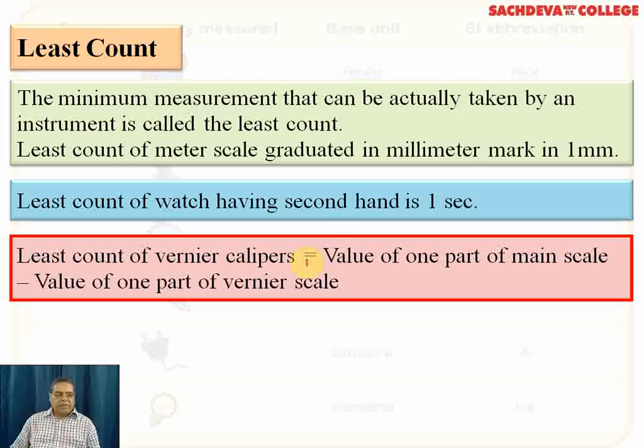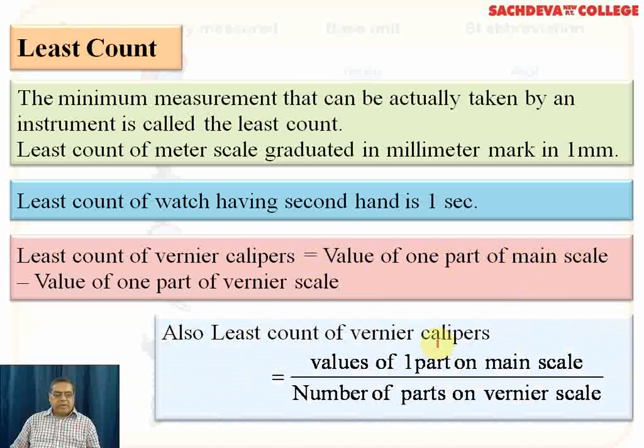So for the least count of a vernier caliper, we take the main scale, we take the vernier scale, then one part of the main scale we consider and the value of one part of the vernier scale, and then we take the difference of the two. For the vernier caliper, we find it is the ratio of the value of one part on the main scale and the number of parts in the vernier scale.